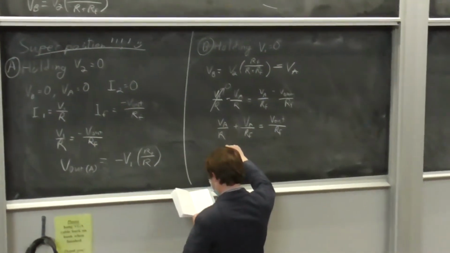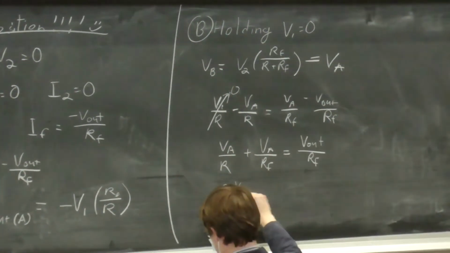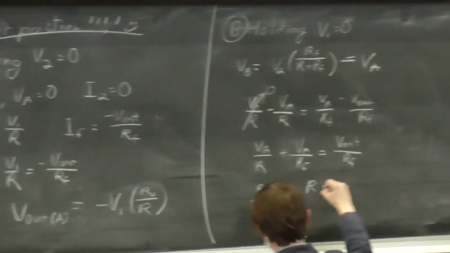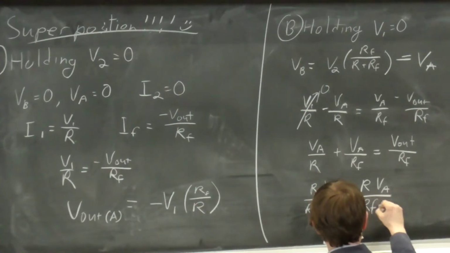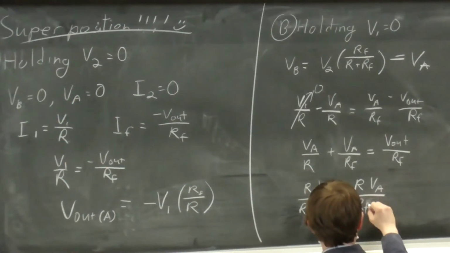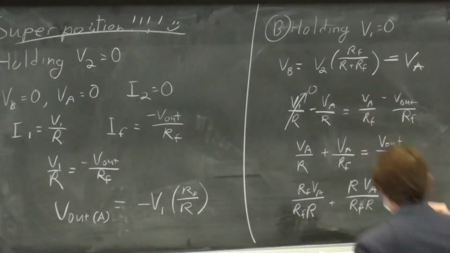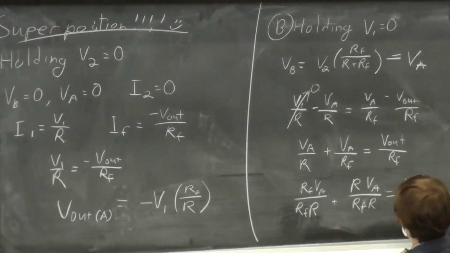So RF VA over RF R plus R VA over RF R is equal to V out over RF.